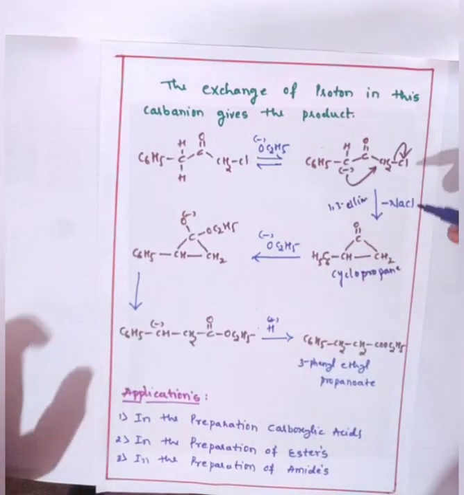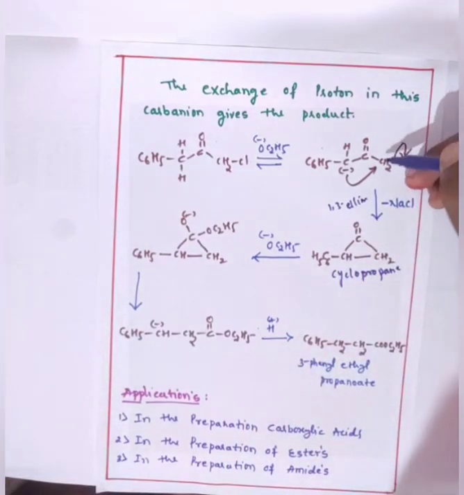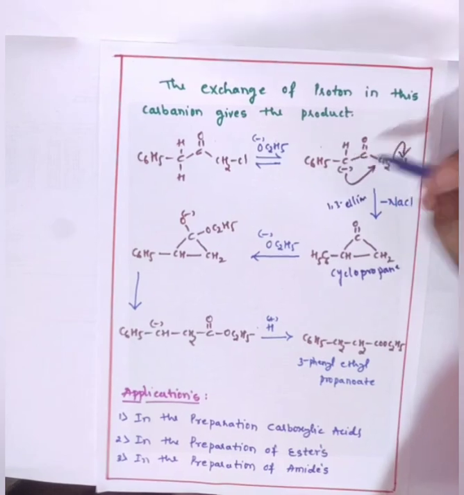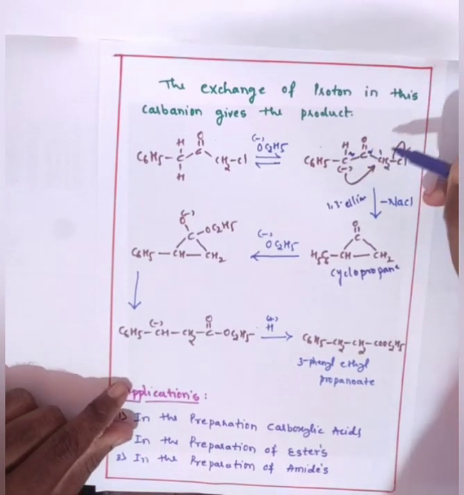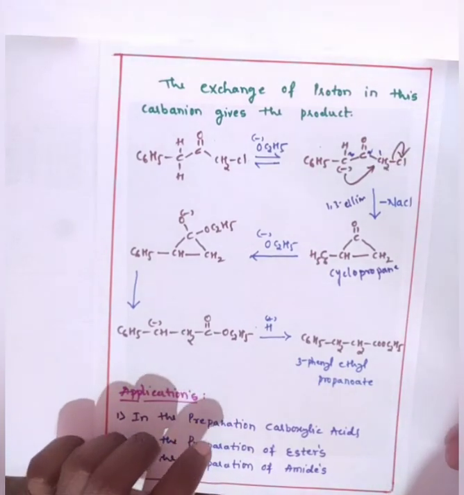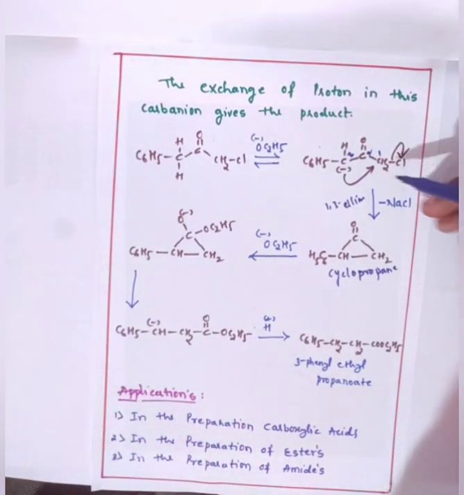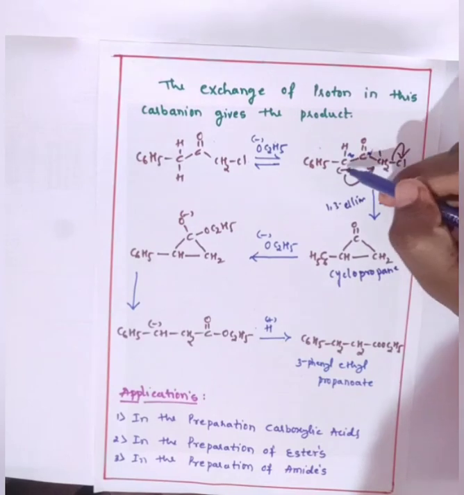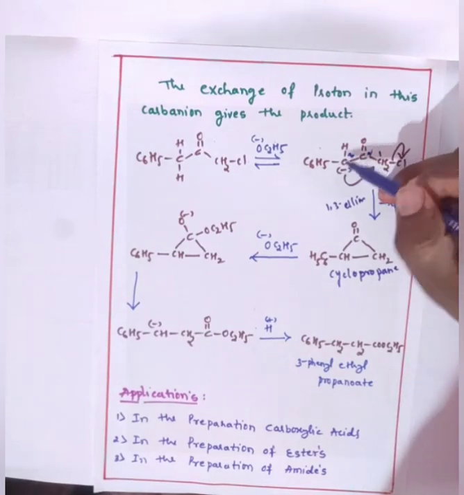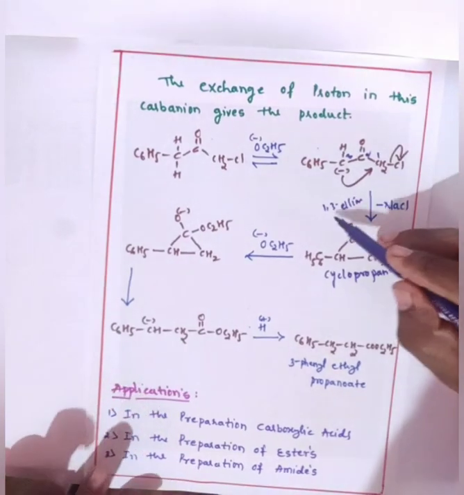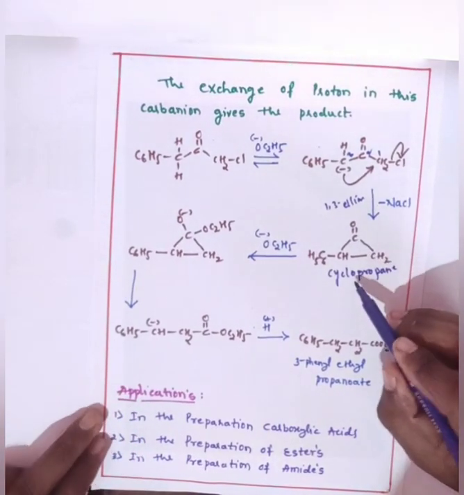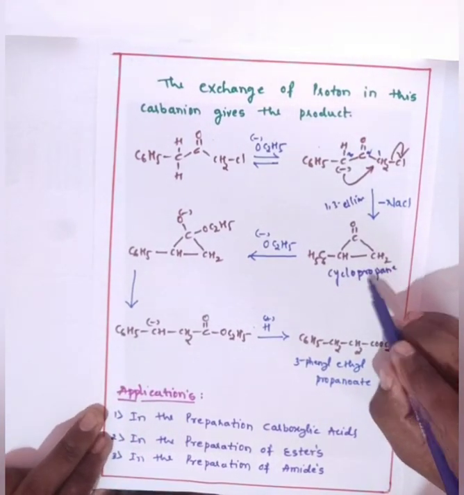Here the 1,3 elimination is nothing but 1, 2, 3. It involves the elimination of chlorine from this carbon atom and the elimination of hydrogen from this carbon atom. So that we call 1,3 elimination. The result of 1,3 elimination is an intermediate cyclopropane molecule.